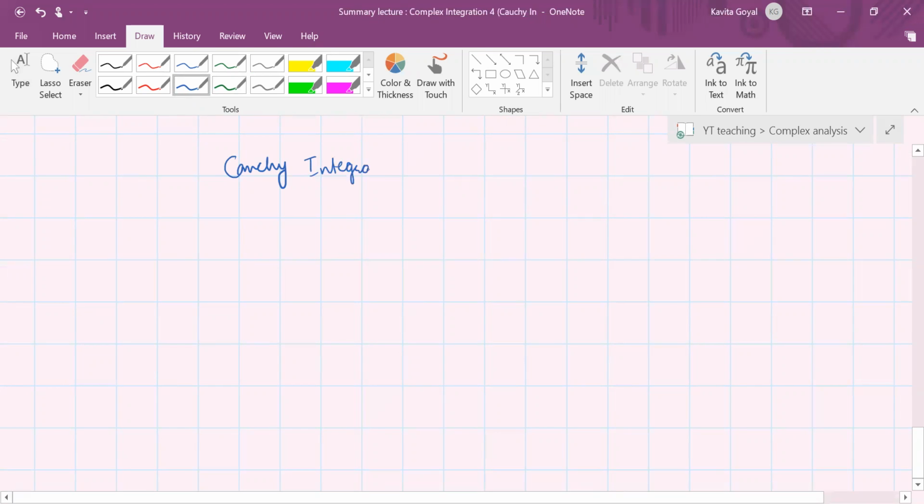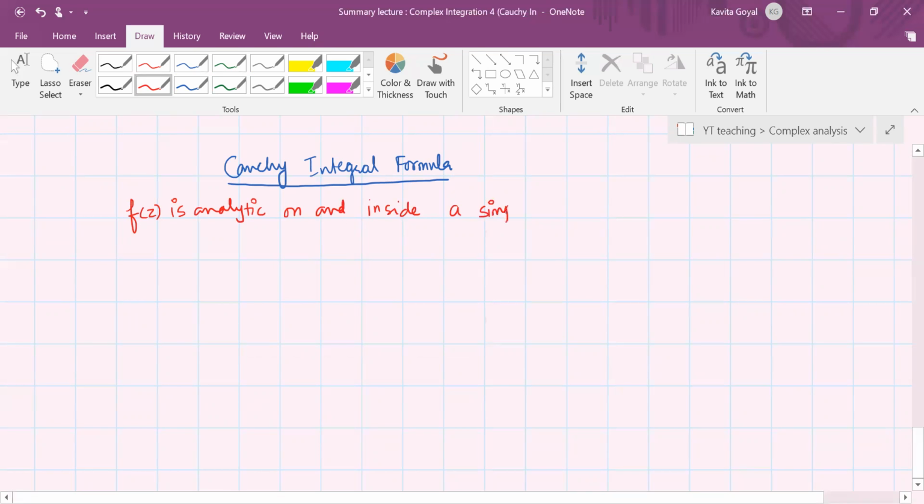The Cauchy integral formula tells us, suppose f(z) is analytic on and inside a simple positively oriented curve C, so you will travel anticlockwise.